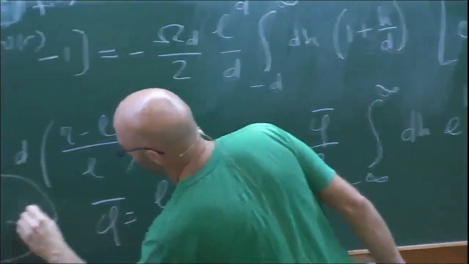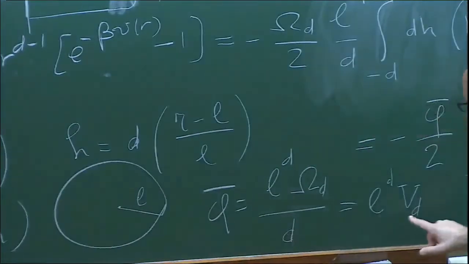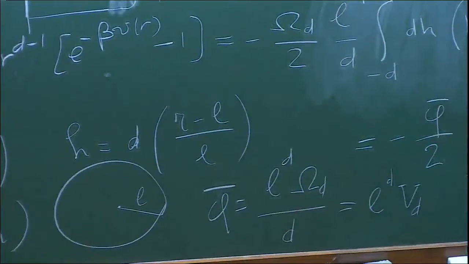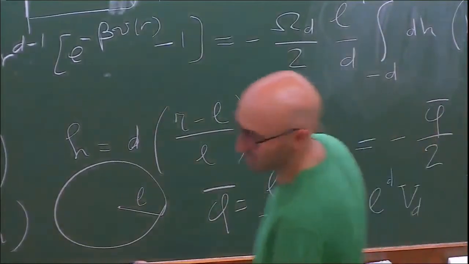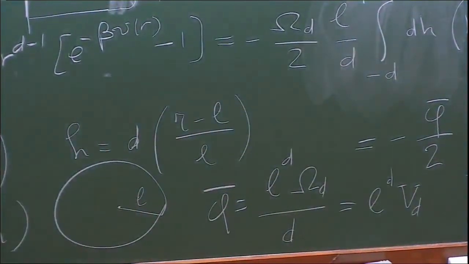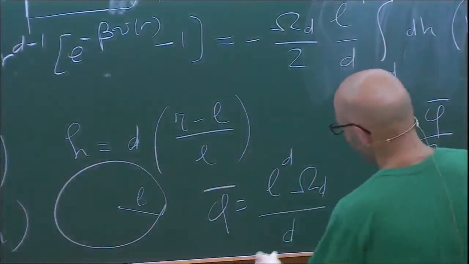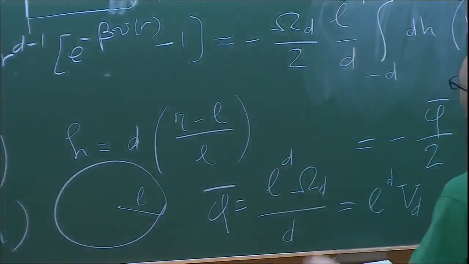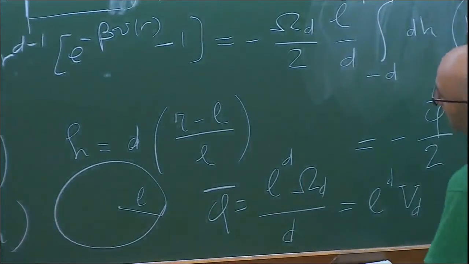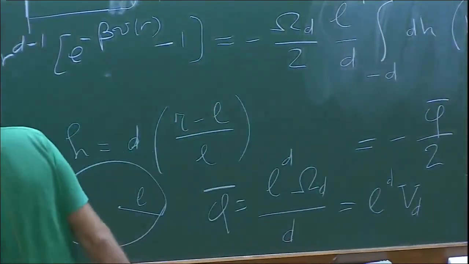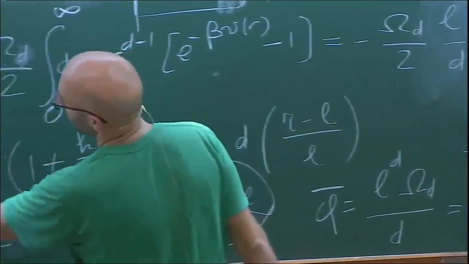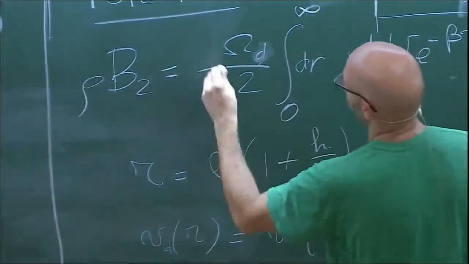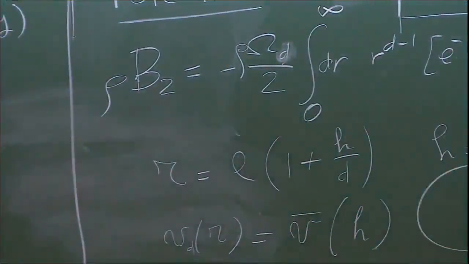I'm going to clean up the blackboard, but sorry, there is a factor of rho that I missed everywhere. Actually, what matters is not B2 but rho B2, because in the pressure you have rho B2, so let's put the rho everywhere.